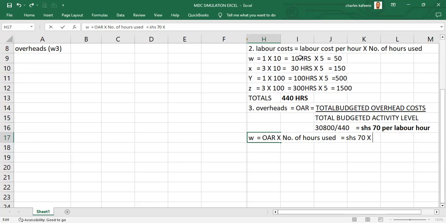We are getting this 10 from here. And when we do so, we are going to get 700. So it is this 700 shillings that we are going to transfer here for the overhead. And that's what we call absorbing the overheads to each product, or that's what we call the allocation.